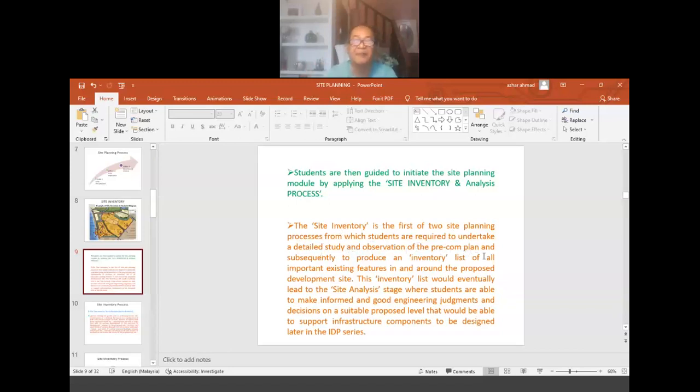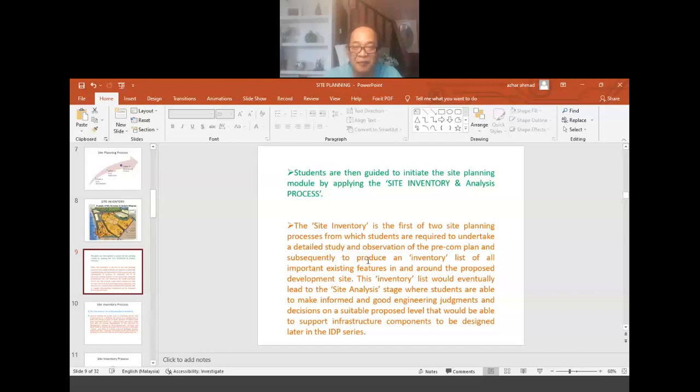Okay, the pre-com plan meaning the site plan before development. Okay, the site plan before pre-commercialization of the site. So it's a pre-com plan where we look at the site before any development is to take place. Okay, this is called the pre-com plan.